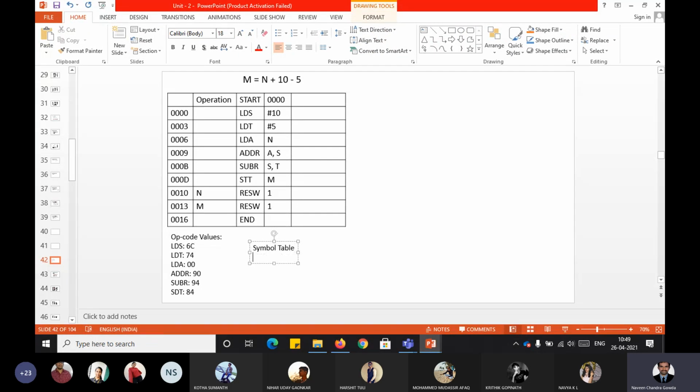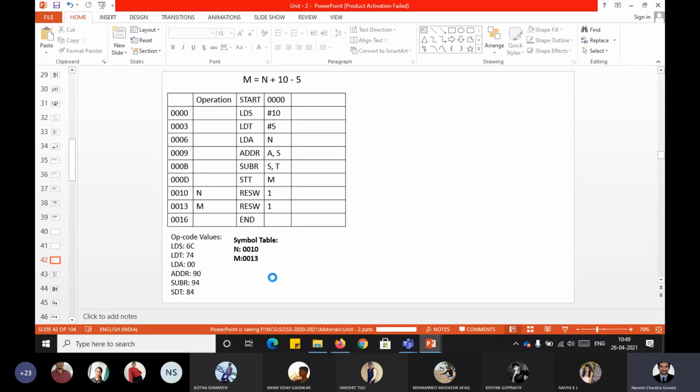Here we have only two symbols to consider, N and M. The address of N is 0010, whereas the address of M is 0013. So I am done with the address assignment and also symbol table generation.